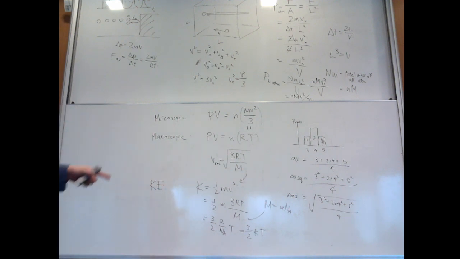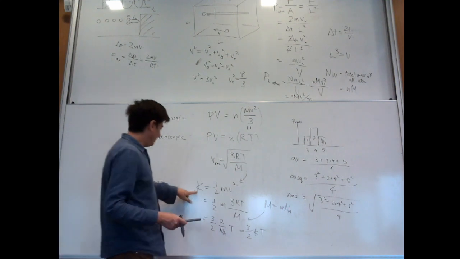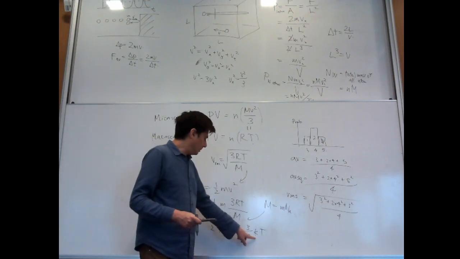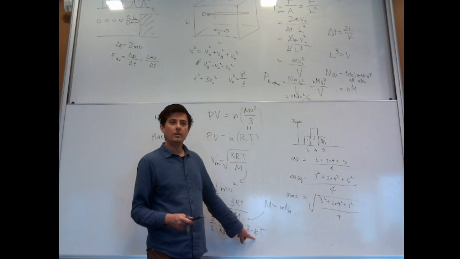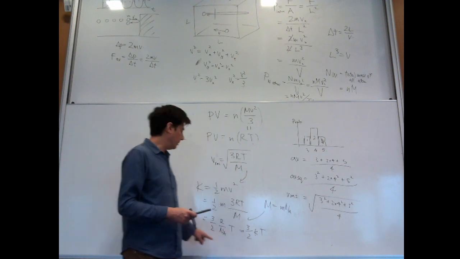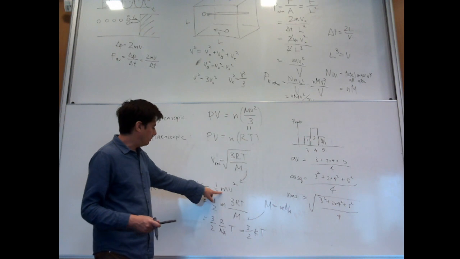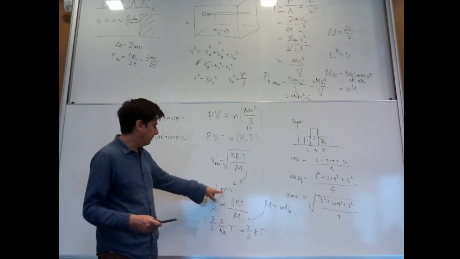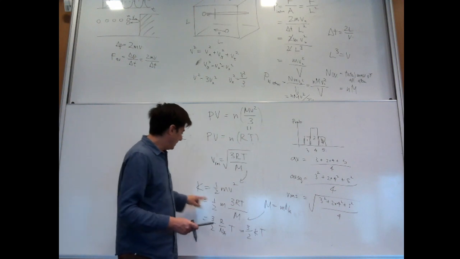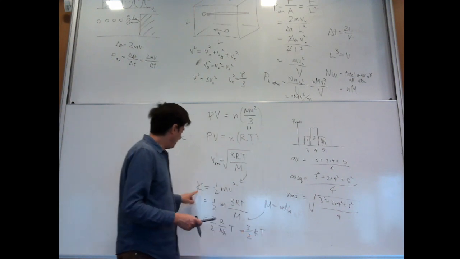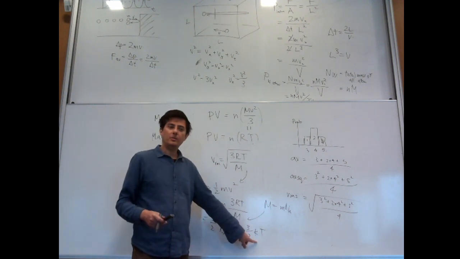So what this is saying is even more incredible in a way: the kinetic energy is not even related to the mass of the atom anymore, right? The little m here, the mass of the atom, just cancelled out, and the kinetic energy is really only dependent upon the temperature.